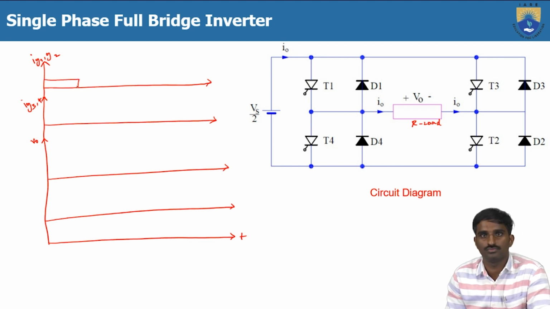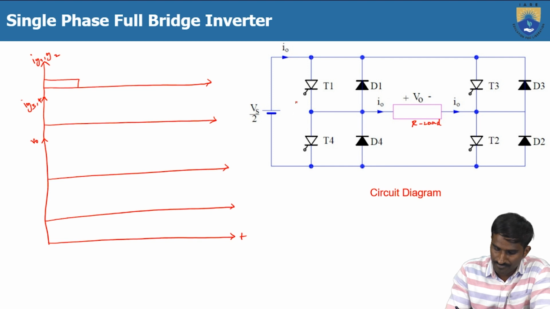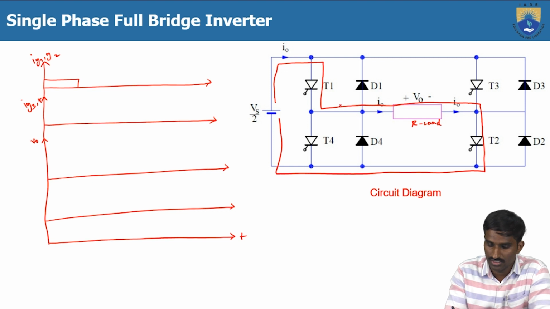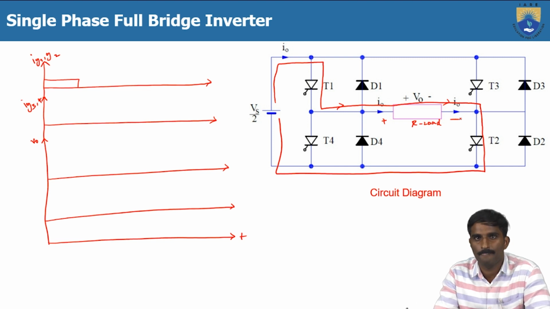Then the load current will flow from here, Vs by 2, through T1, through the load, to T2, and again back to the source. This is the direction of the load current, with the output voltage plus and minus.